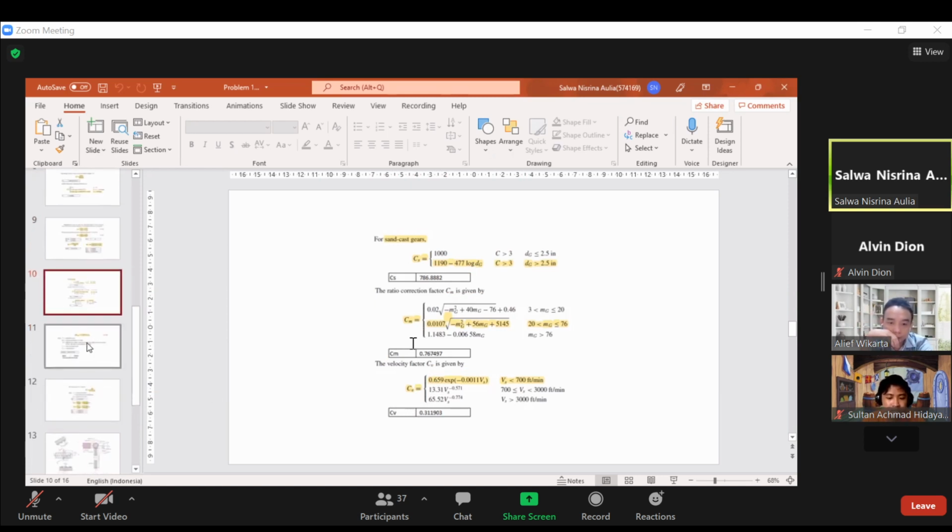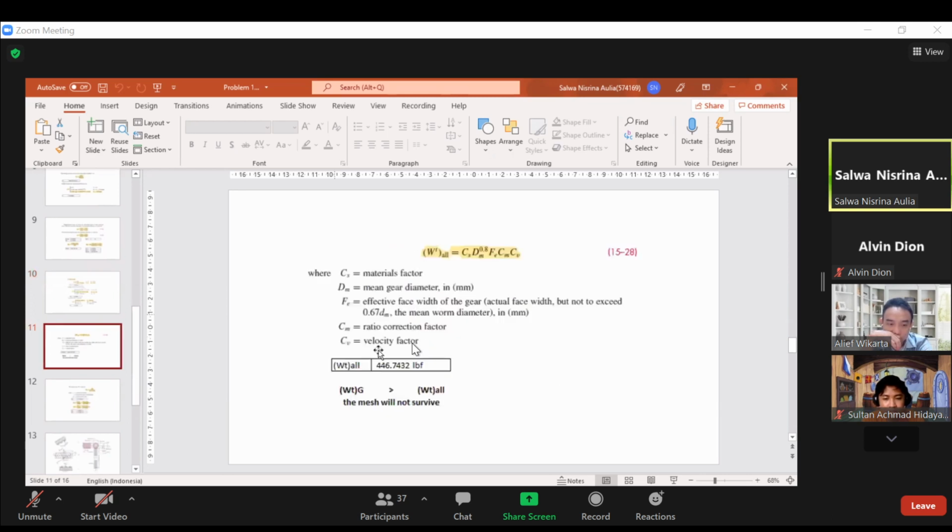From that we can get the allowable tangential force in here. The allowable tangential force is lower than the tangential force in the gear, so the mesh will not survive.